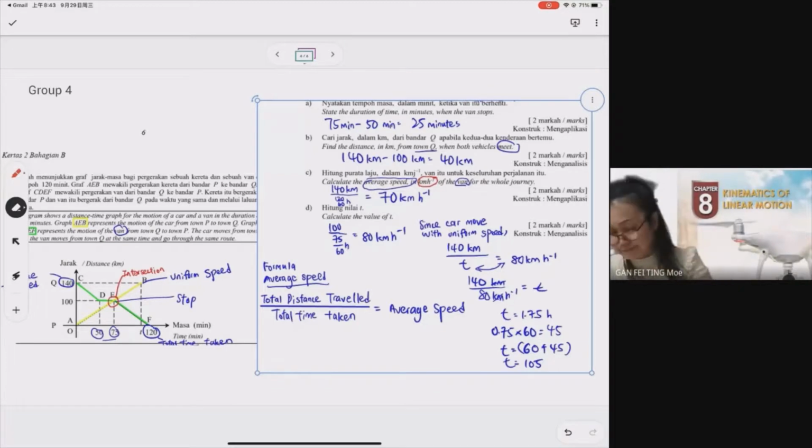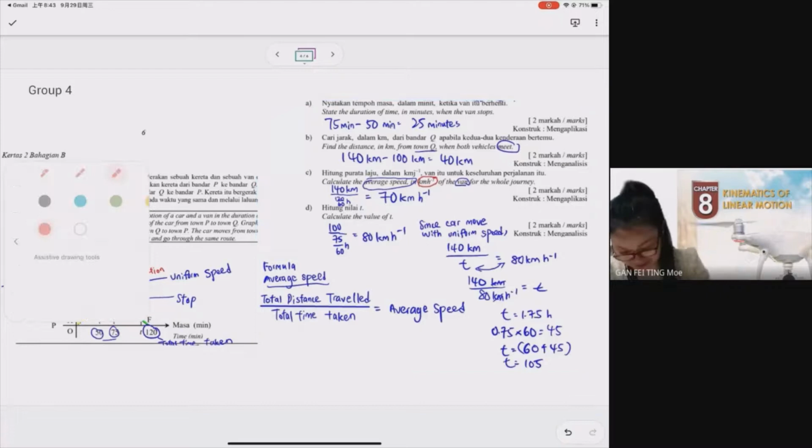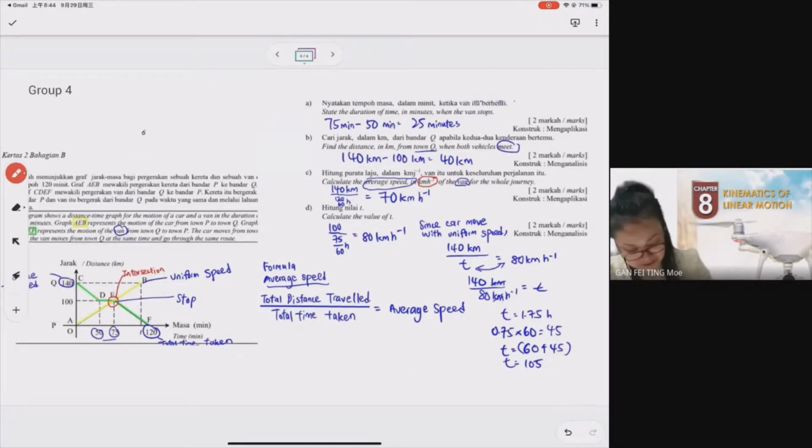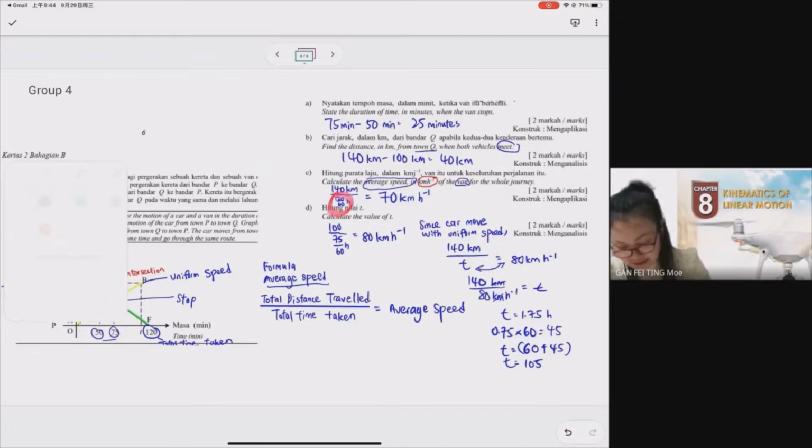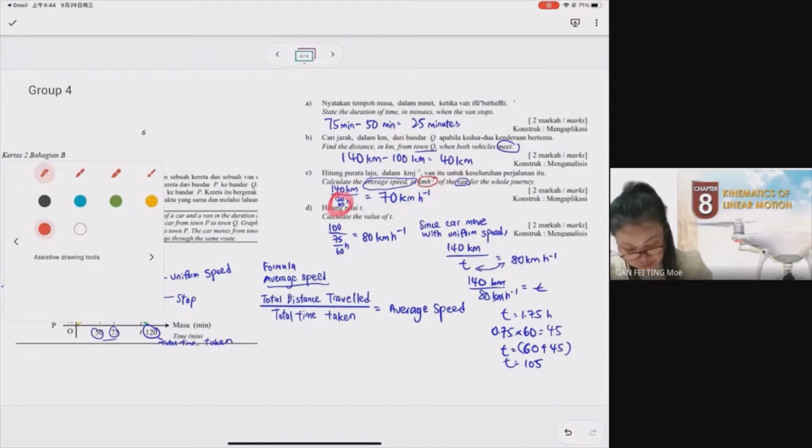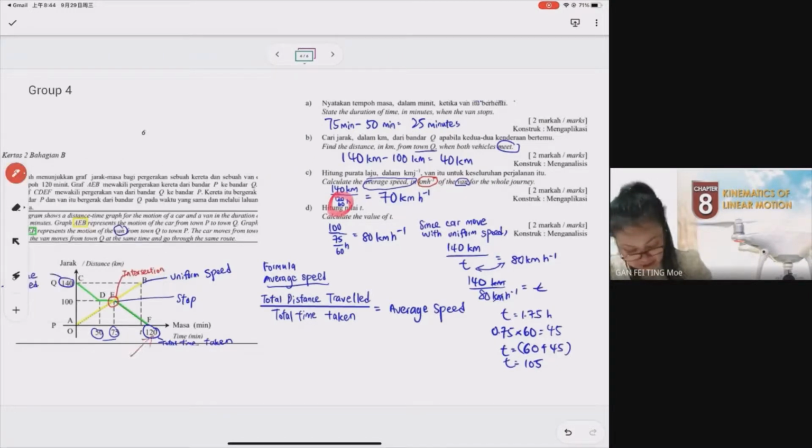Perfect. But you went a little bit fast. Very good. Your presentation is perfect. If you are having problems with this, I would say change the value here first. This is in minutes. What do you do? 120 divided by 60, you get 2 hours.